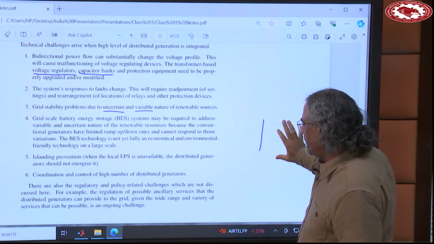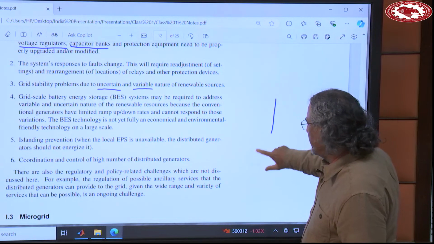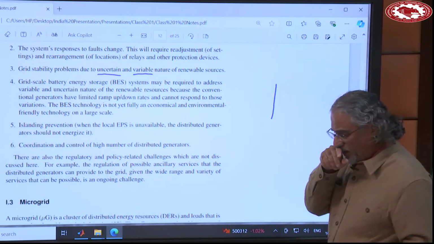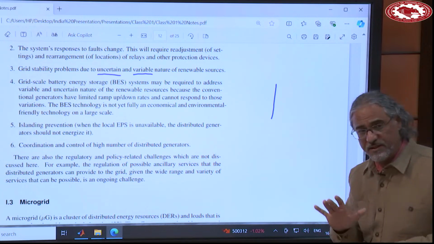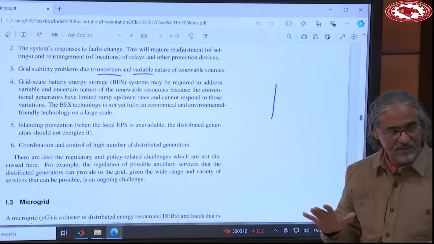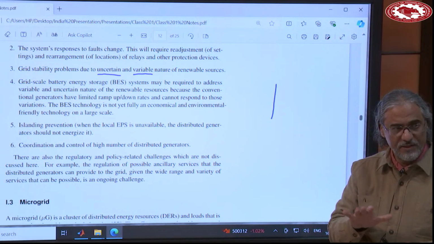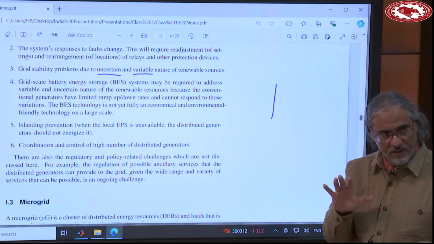Islanding prevention. This is also one challenge that we have with distributed generation, because on the one hand, we said we would like to have that facility that, if needed, we can island one part of the distribution system, if we really need it and it is under control. But on the other hand, there is a side effect: this islanding should be completely under your control and under your knowledge.